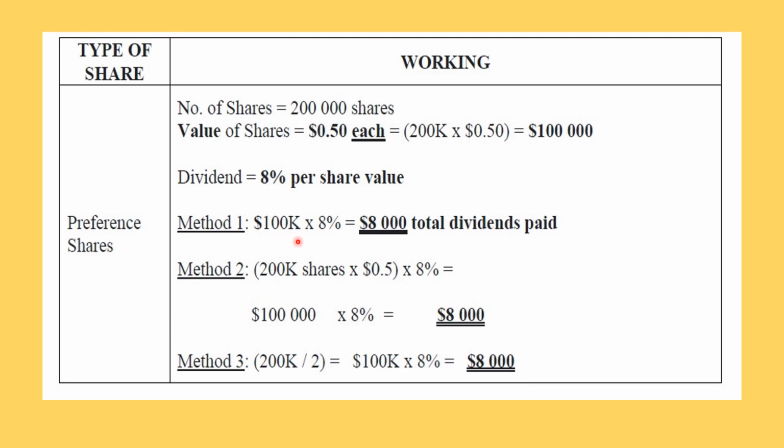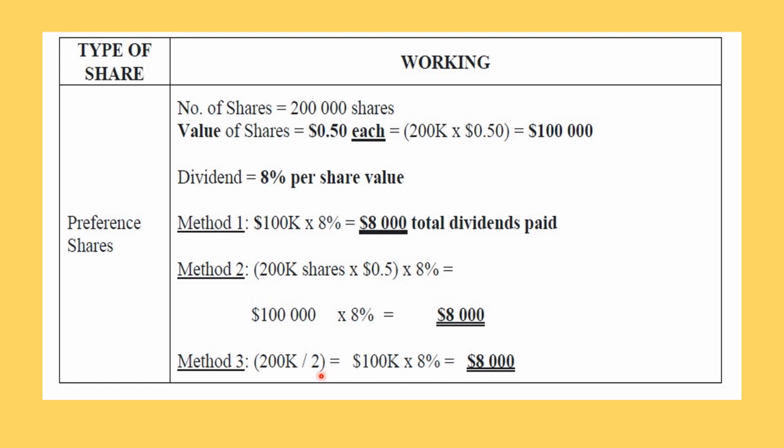Another way to do it is to multiply out the 200,000 shares by the 5 cents and then multiply by 8%. You'll get the same thing again. Method 3 will only work if the shares are 50 cents each. If it's a different par value, then it would not work.